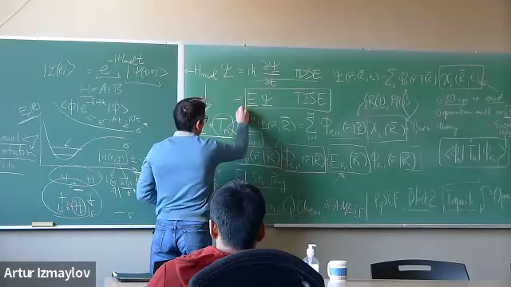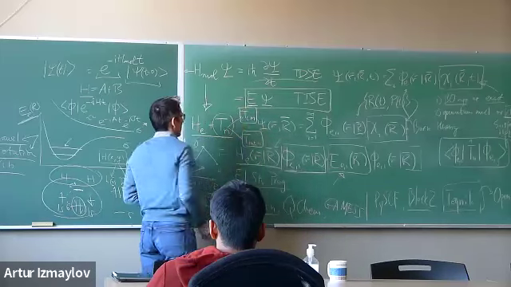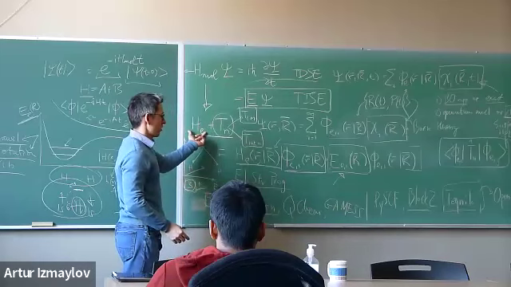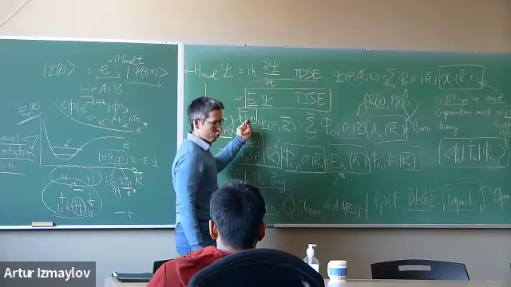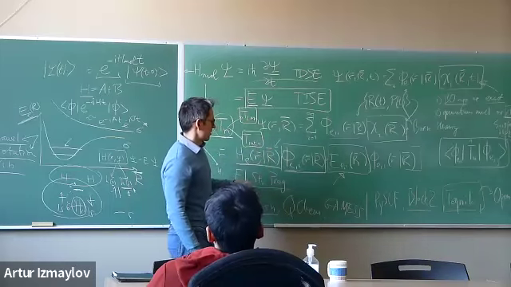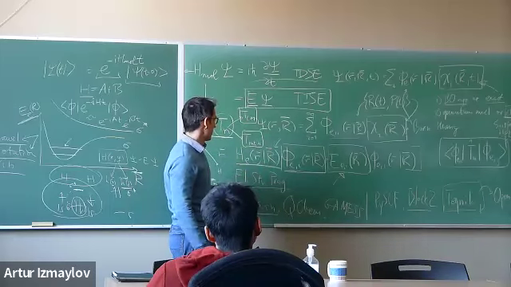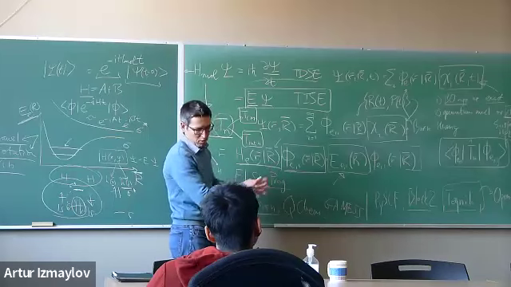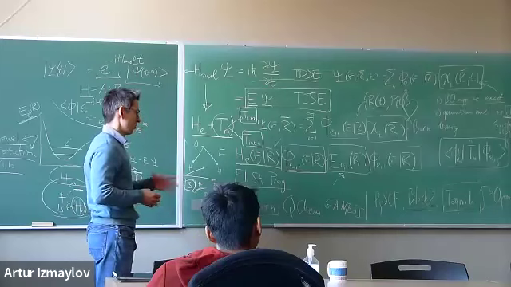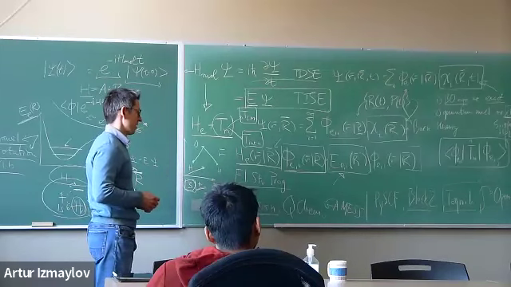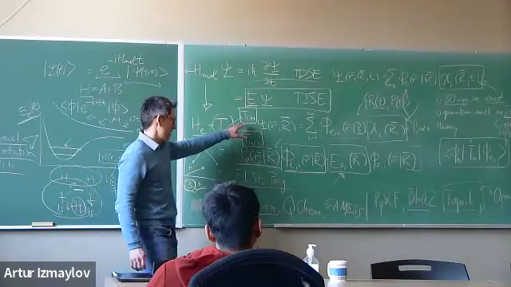So you can go through this and separate, and the electronic part will not depend on the center of mass motion, because it's just the momentum of the nuclei that will make the biggest contribution here.